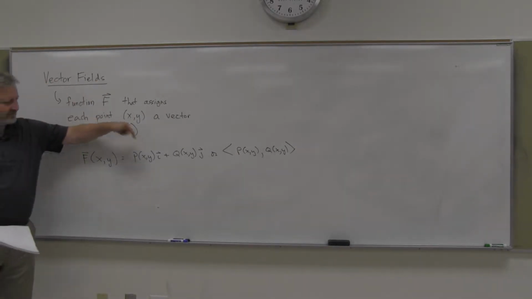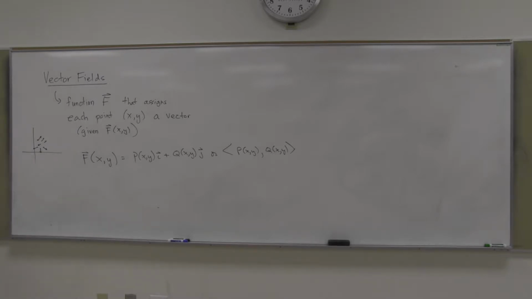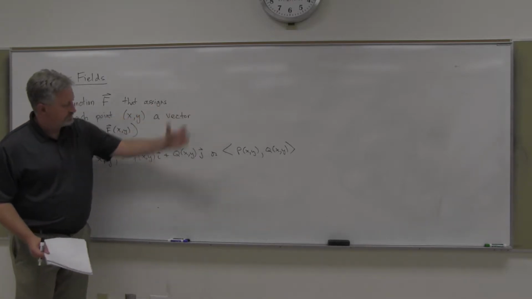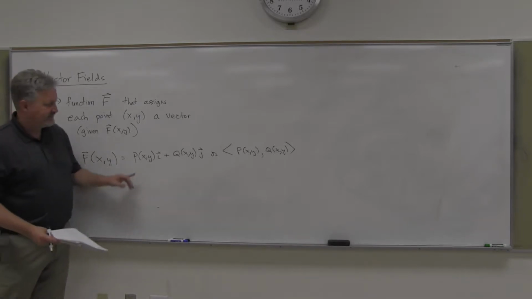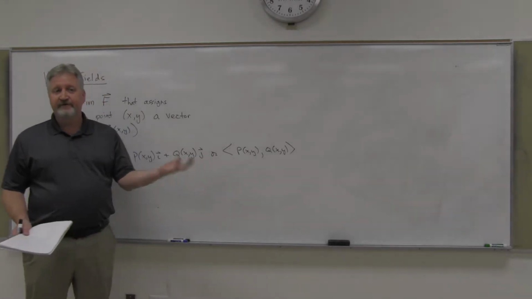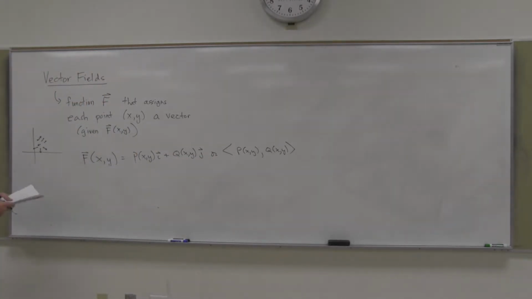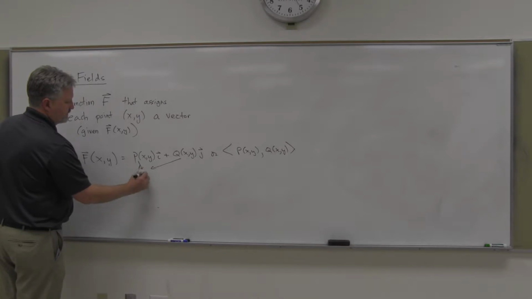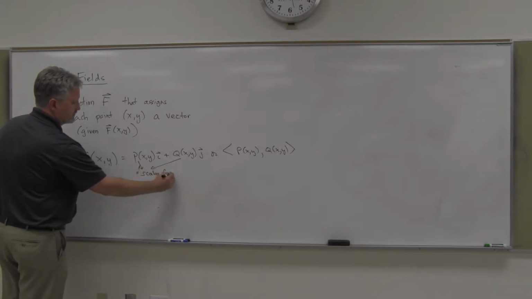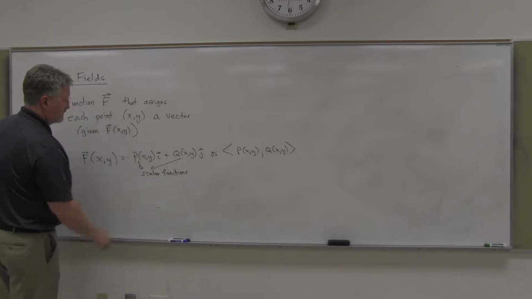They probably usually use this, but remember, you can write vectors different ways. That's why it's a function, because each part is a function, and each part describes the component. If you went to 3 dimensions, you'd add x, y, z, and then you'd have an i, j, and k component. The parts here, the P and the Q, are sometimes referred to as scalar functions. You see that term, that's referring to those parts.